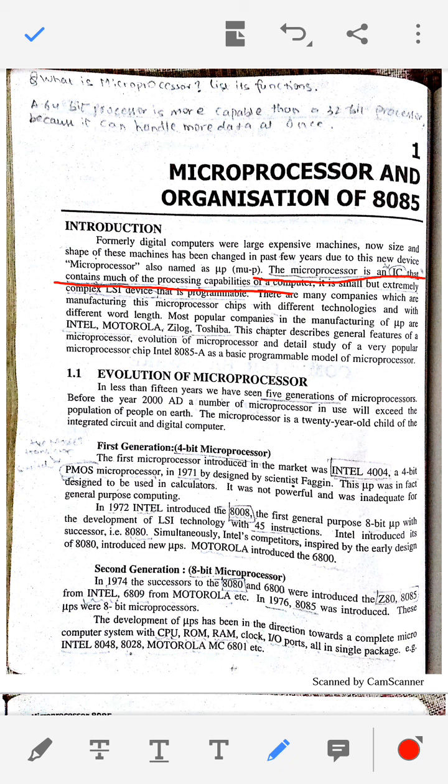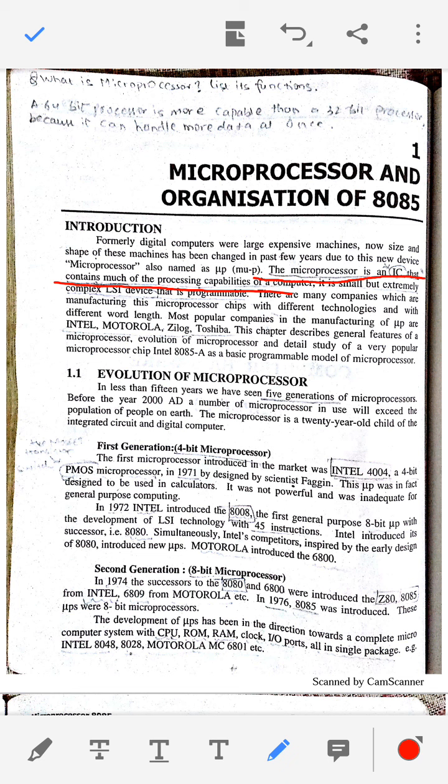Before, digital computers were large and expensive machines. Now their shape and size have changed. Their size is reduced because of large scale integration.